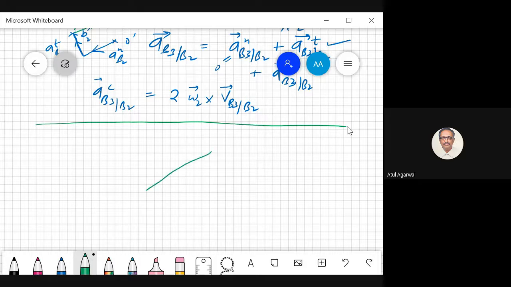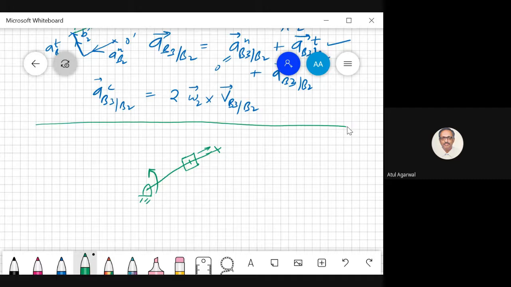So we have an observer which is rotating, and you are having a motion in a rotating frame. So this bar is rotating, and you are seeing the slider going outward. So one acceleration you can see is how it is moving outward.